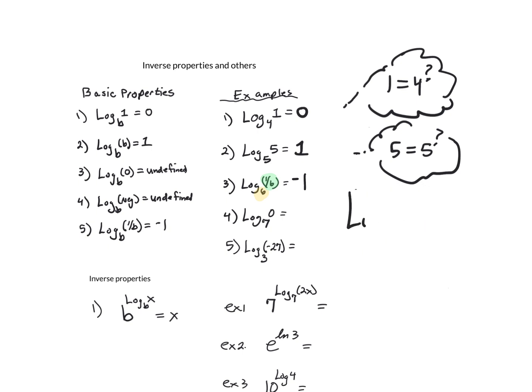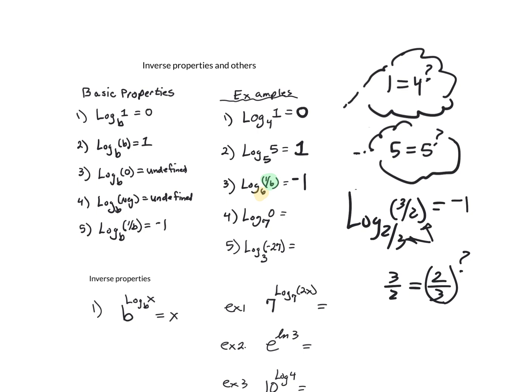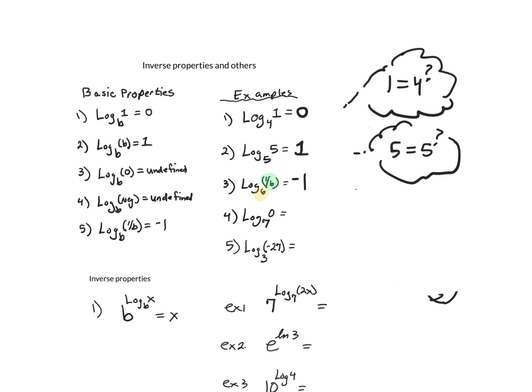So if we had log base 2/3 of 3/2, 3/2 could be written as 2/3 to the what power? Well, wouldn't it have to be -1 to make that a true statement? Right? And notice that these are reciprocals. So it's always going to equal -1. But again, you don't have to memorize them, just know.